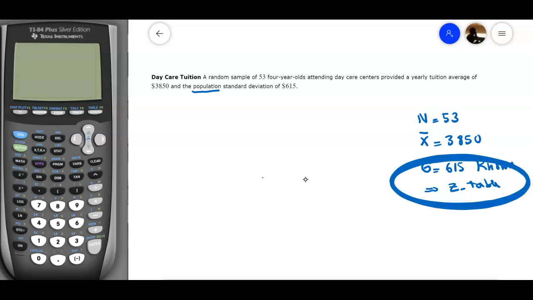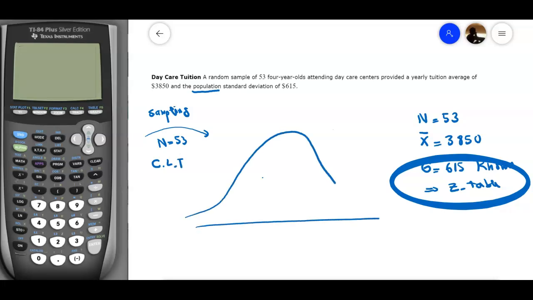So now what the problem is, once we are done with the sampling, which is n equals 53, the central limit theorem is telling us that the new distribution is going to be a normal distribution.